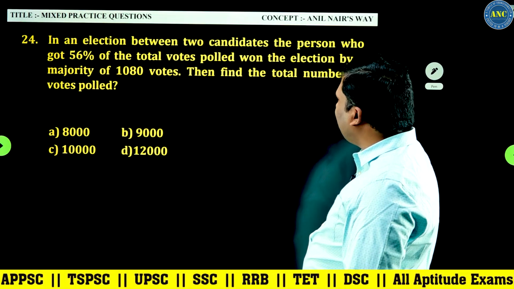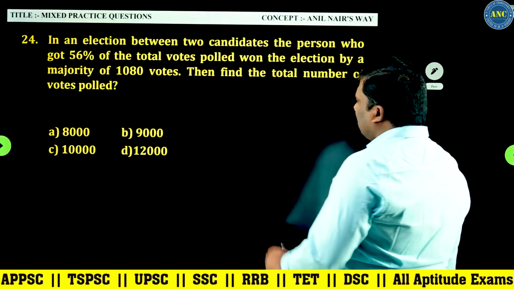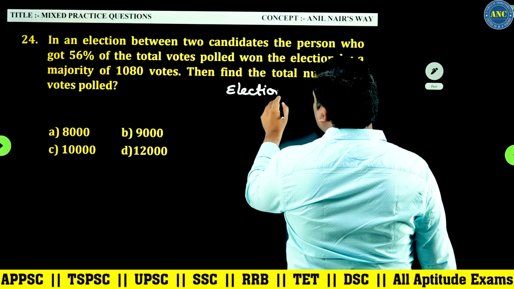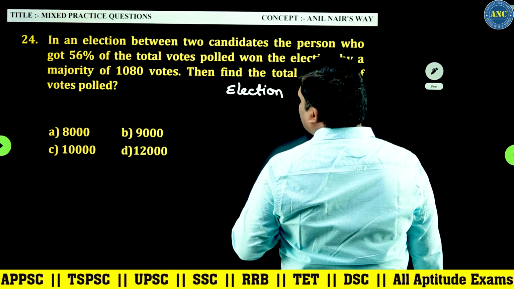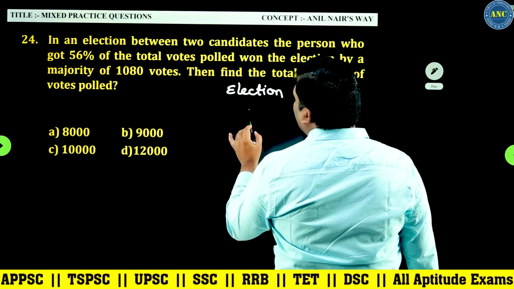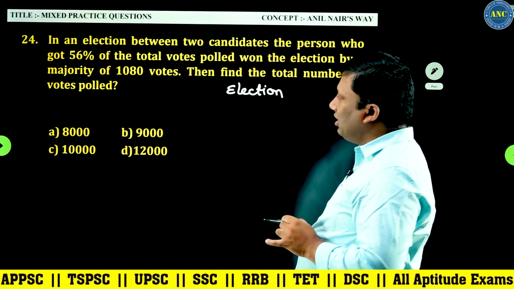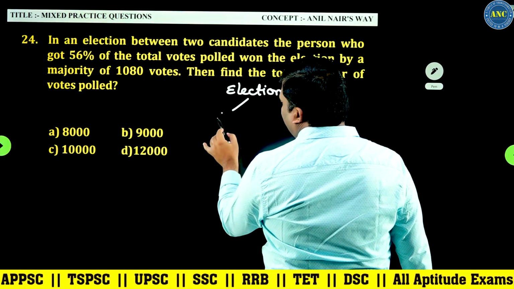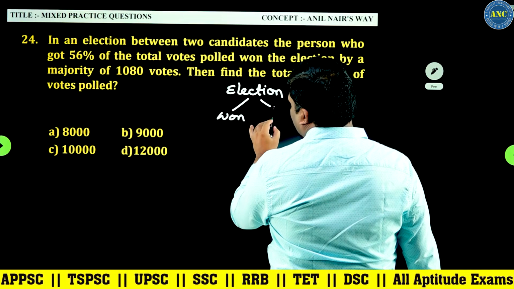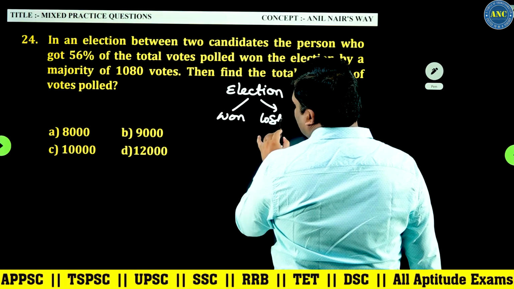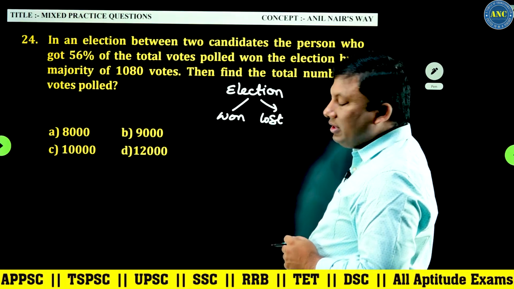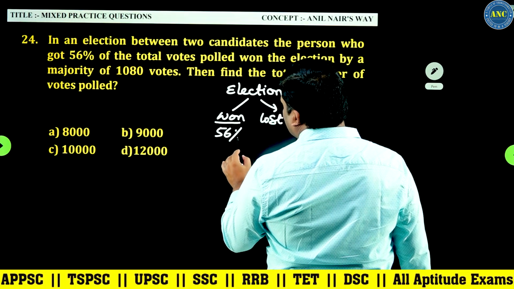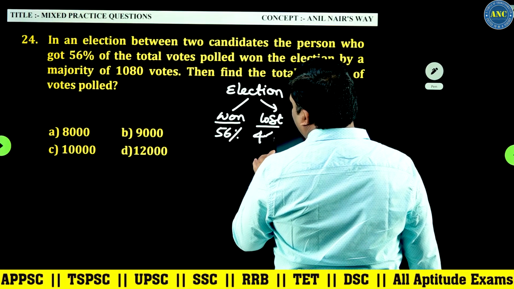In an election between two candidates, there is an election based question. The candidate who got 56% of the total votes won the election. Two people participated, one has won and another has lost. The person who won got 56%, the person who lost got 44%.